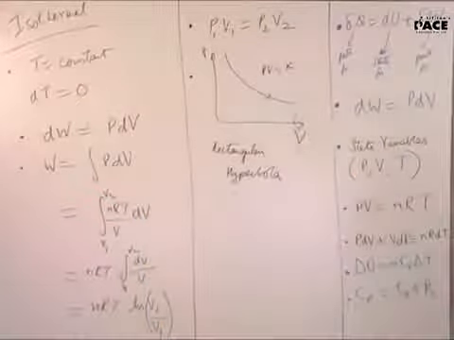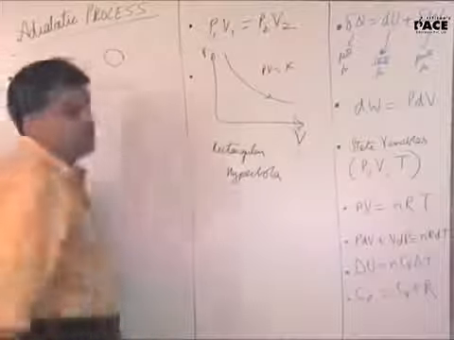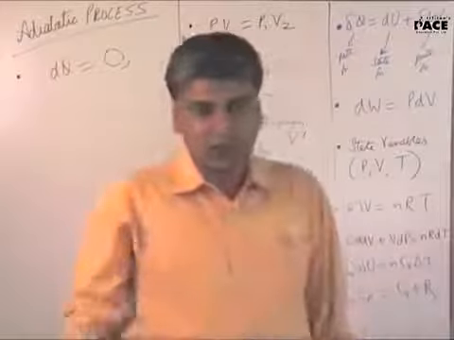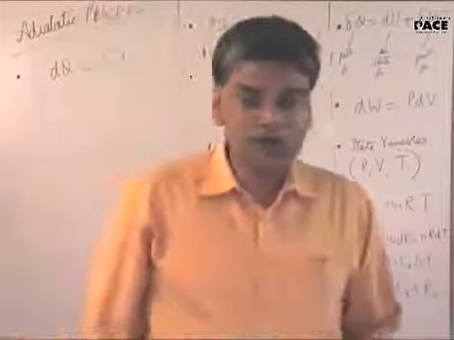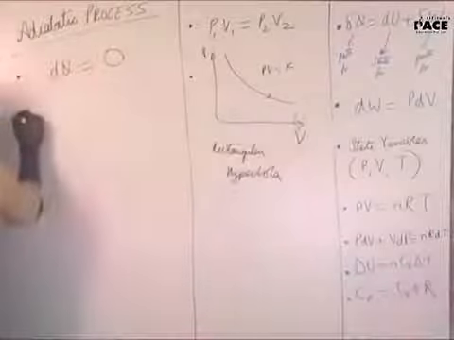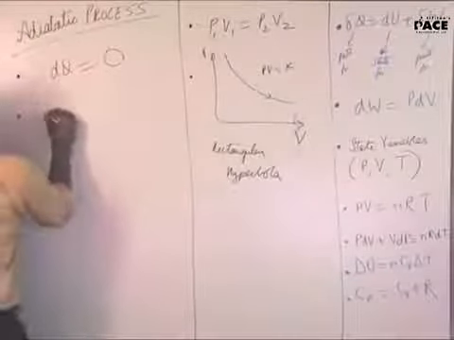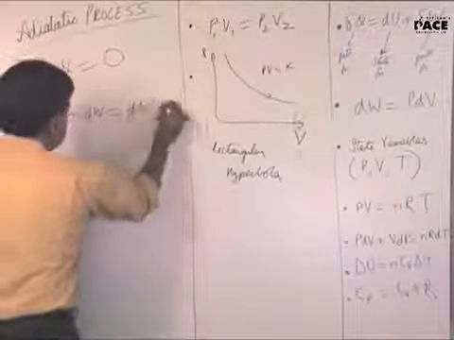We move on to the next section, namely the adiabatic process. dQ is 0. There is no transfer of heat across the system. That's called adiabatic process. So here, using the first law, dU plus dW, which is dQ, happens to be 0.